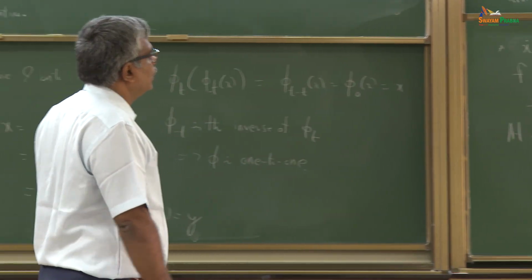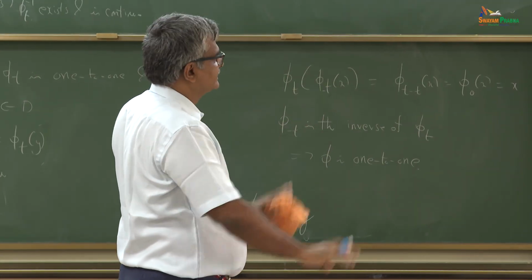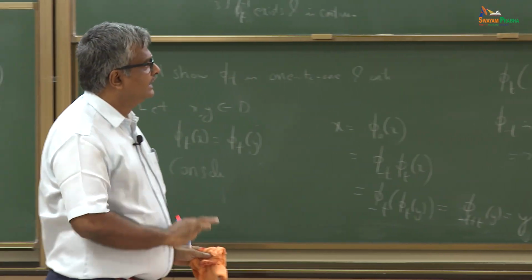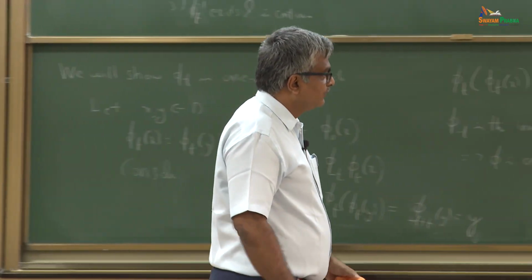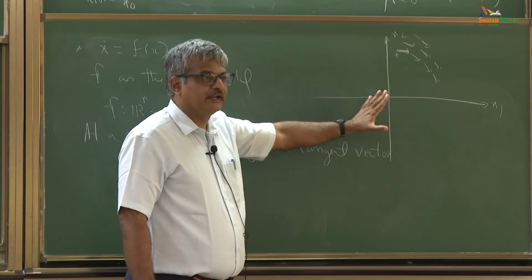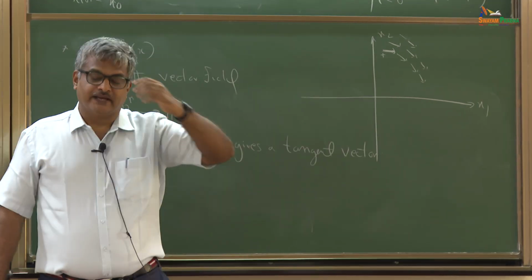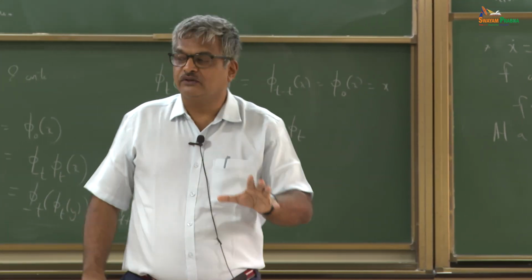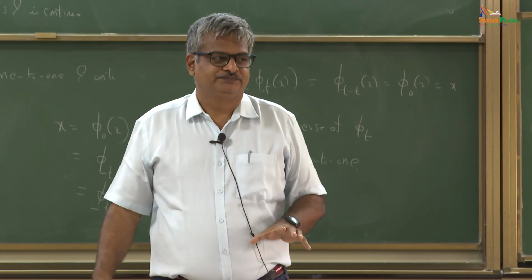Now we have a dynamical system. We did linearization, and we also defined the notion of a tangent vector and flow. Next exercise is to get some picture out of that linearized model.